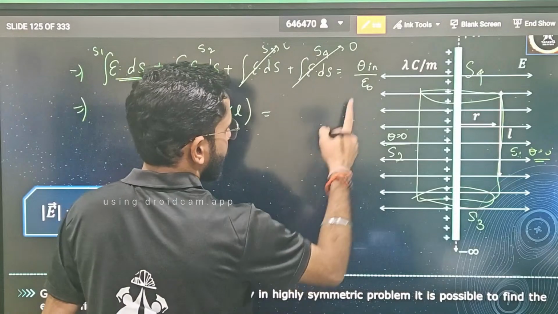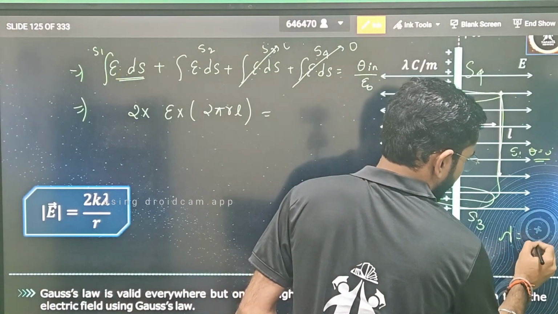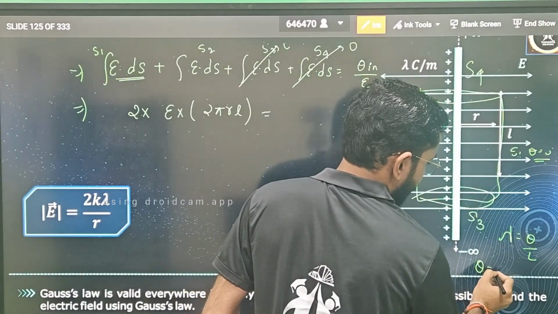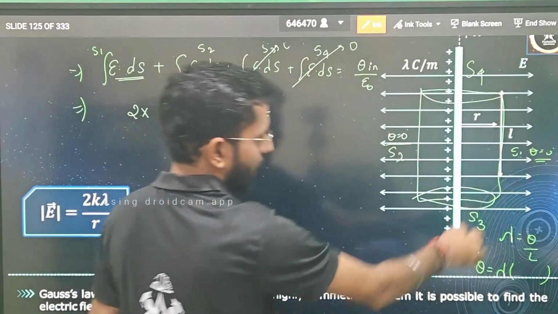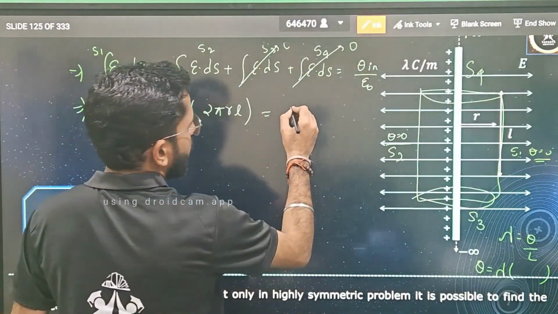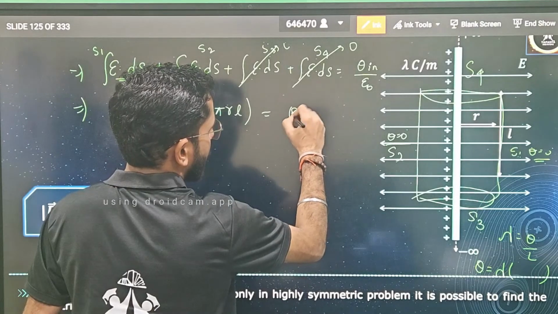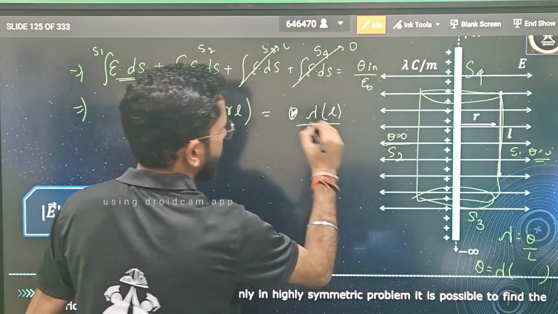It is equal to the net charge. How do you define the net charge present? You have written that lambda is equal to charge per unit length. That means the charge present inside is lambda multiplied with the length, which is L. So at the place of Q, I will write lambda into L divided by epsilon naught.